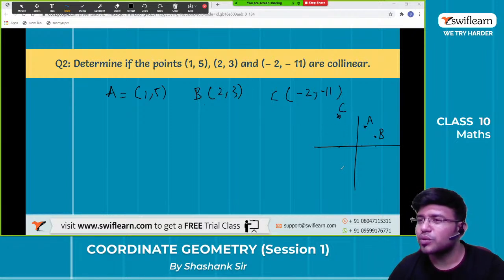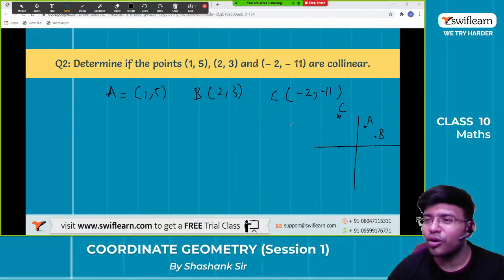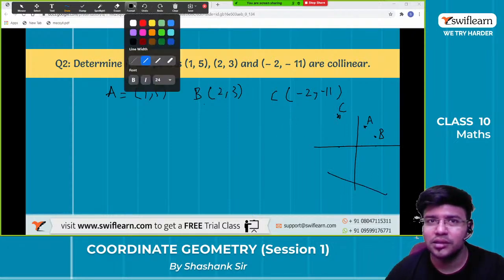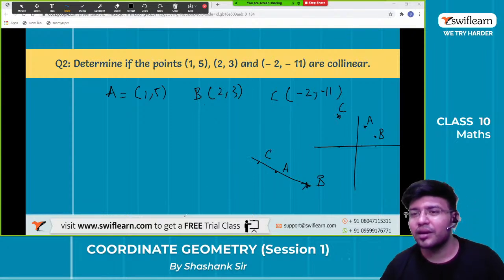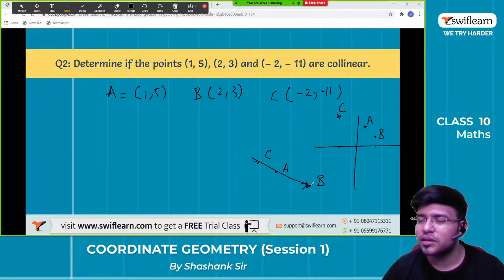Now see these points. What does collinear mean? All the points lie on the same line. In order for all these points to be collinear, like this, C, A, B, the distance CA plus AB should be equal to the distance CB.